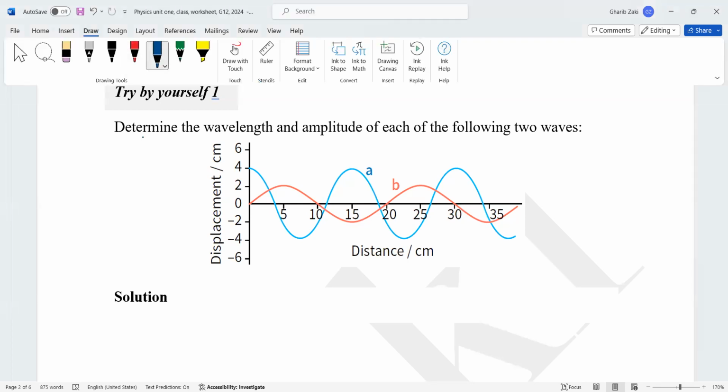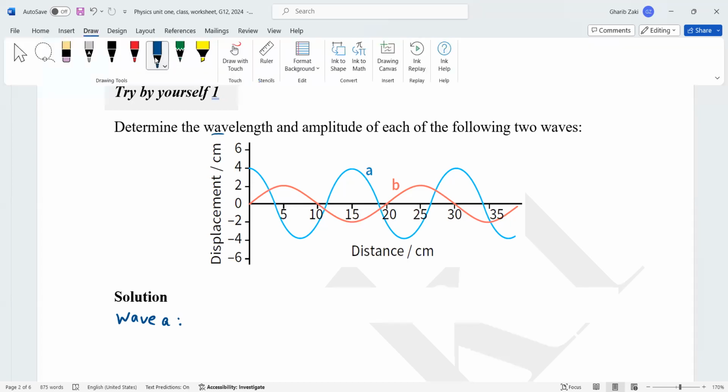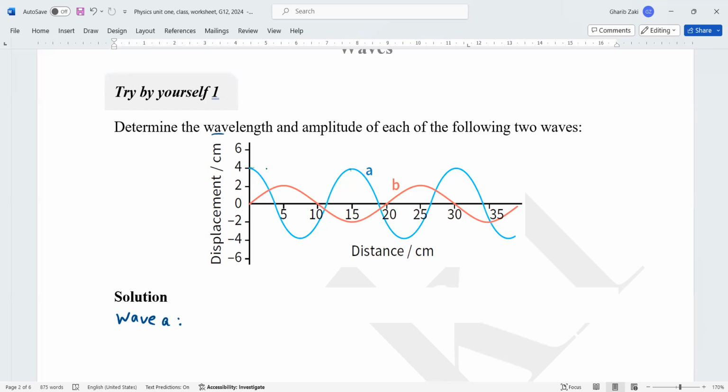For wave A, now look at wave A. Wave A is the blue one. In wave A, we need what? The wavelength. The wavelength is the distance between two successive crests. So this is a crest, and this is a crest also.